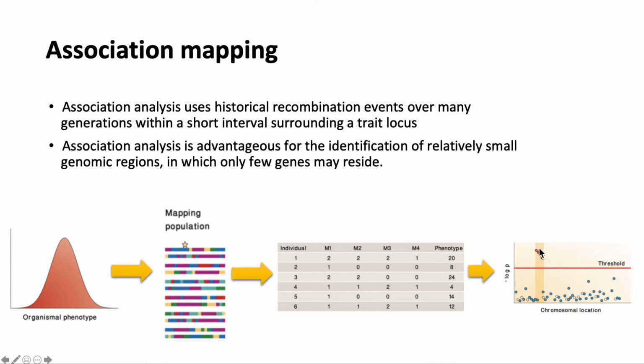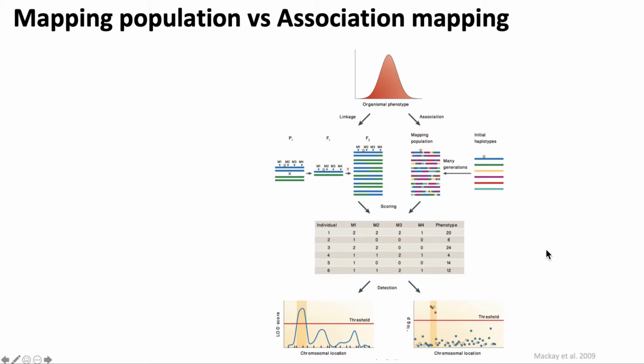The difference here between association mapping and QTL mapping is that here we have to do basically linear regressions with mixed models to identify if each marker has association with the phenotype that we are working on.